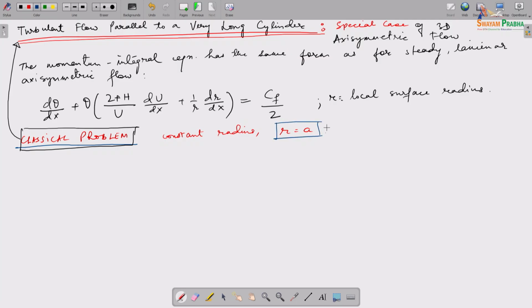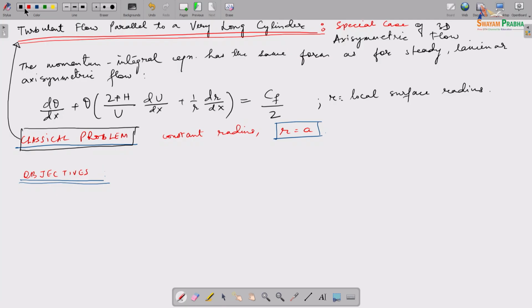Now, then what exactly will be my objectives here, right? What will be my objectives? Okay. So, effect of transverse curvature on skin friction, right, or displacement thickness.